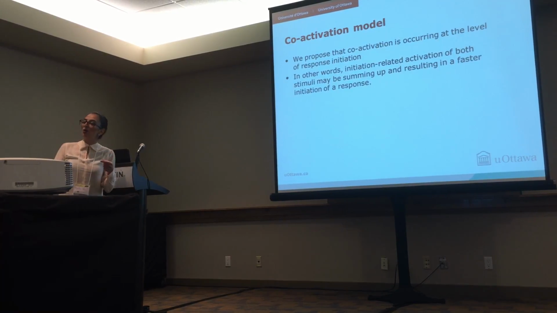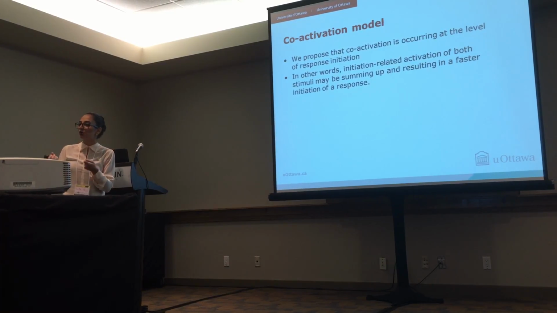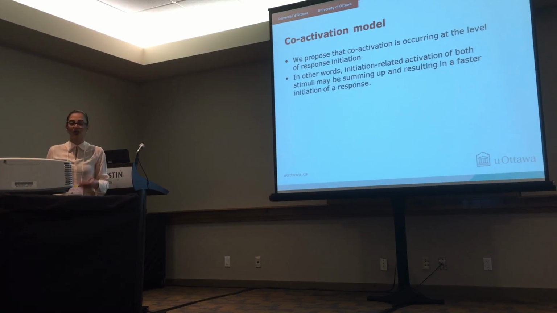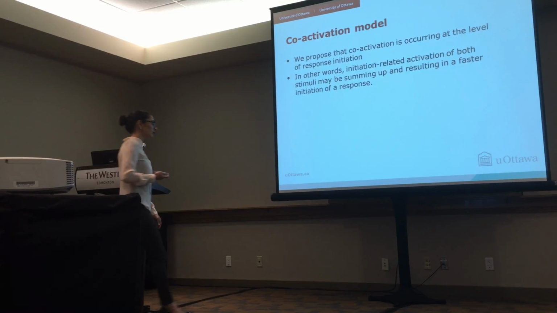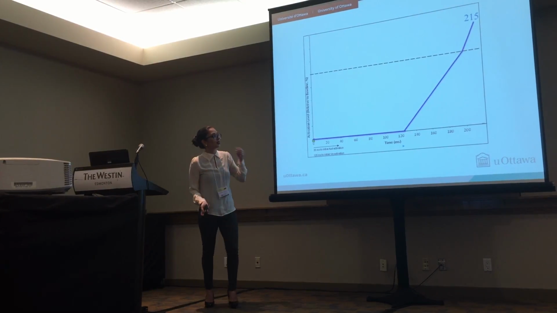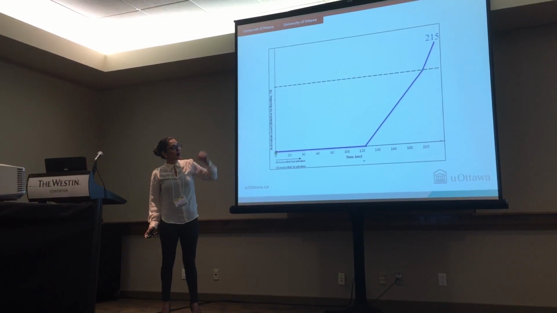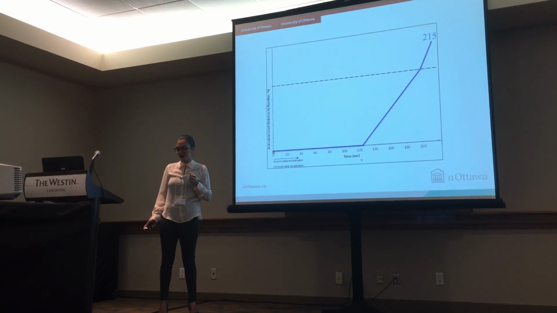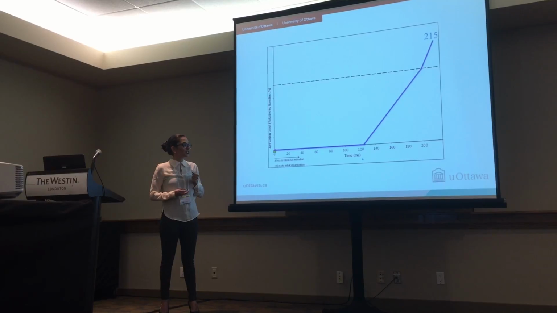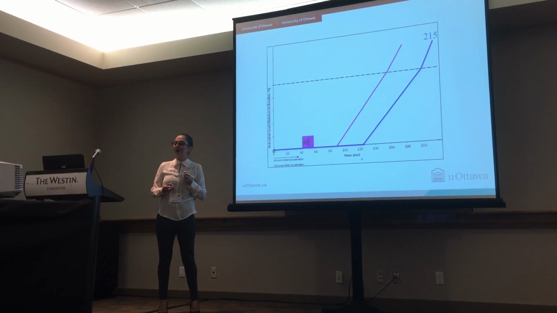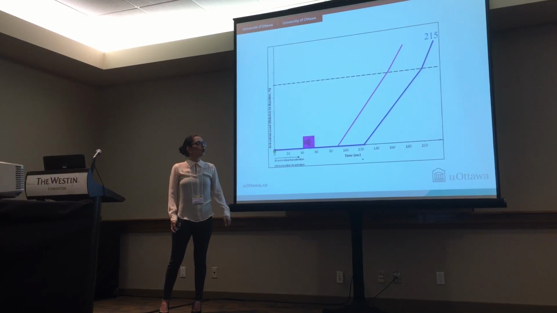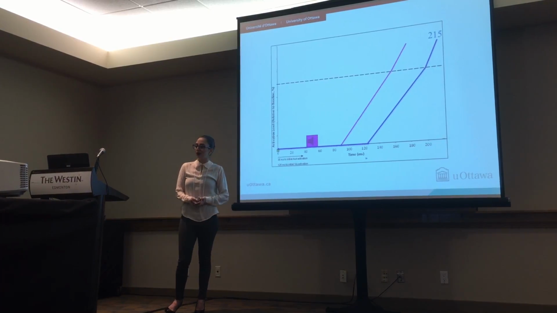And so we are proposing that this co-activation is occurring at the level of response initiation, and I'll elaborate on what I mean. And over here, this is the example that I gave earlier about the visual reaction time, and as you can see, it's about 215 milliseconds. Now, imagine if I present an auditory stimulus at 50 milliseconds after the go. What would our reaction time be over here?